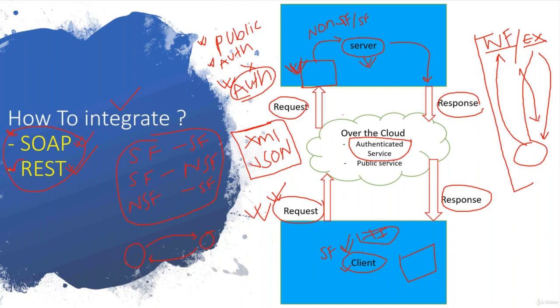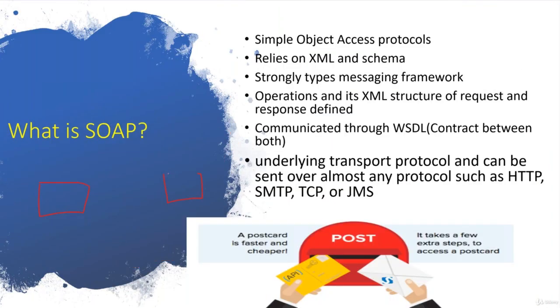If I have one system and another system that want to integrate using SOAP, this SOAP is completely a messaging framework. Let's consider this is my server and this is my client. In the server, I'm going to provide three different kinds of services.